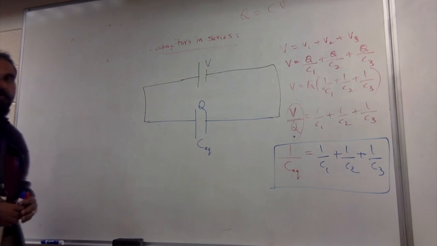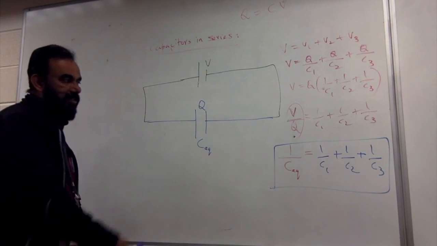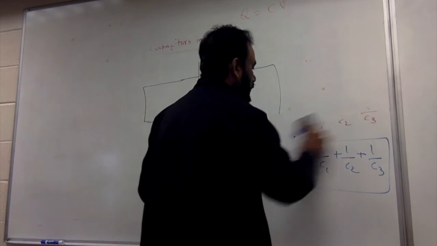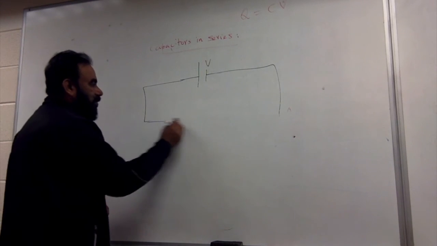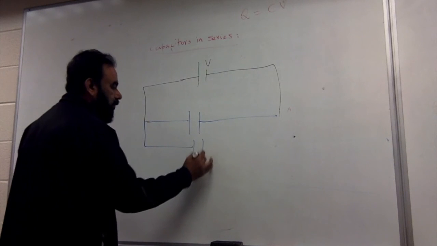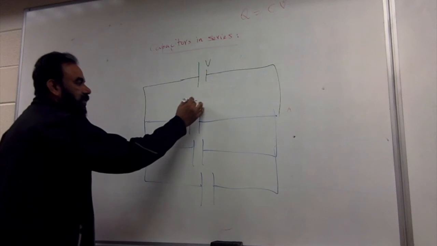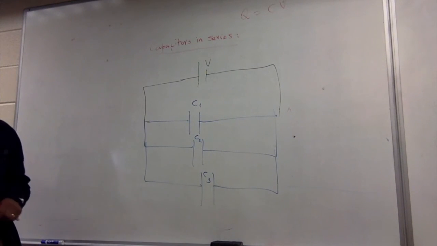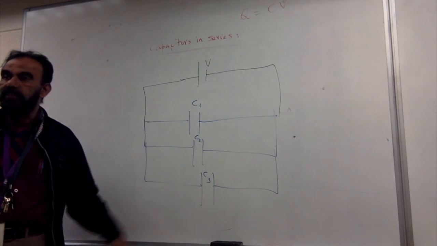Now for capacitors in parallel, let's look at that. So this is capacitors in series. Now capacitors in parallel. So when capacitors are connected in parallel, C1, C2, C3, how many volts is across here and across here and across here?